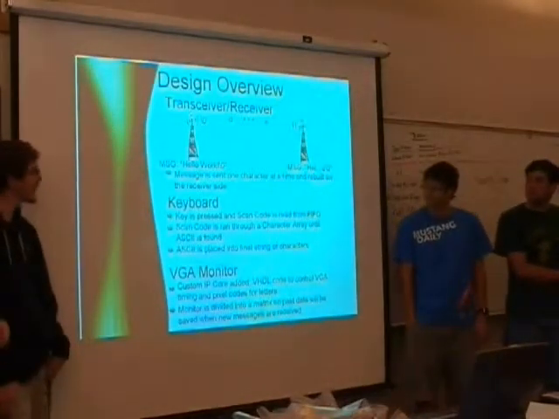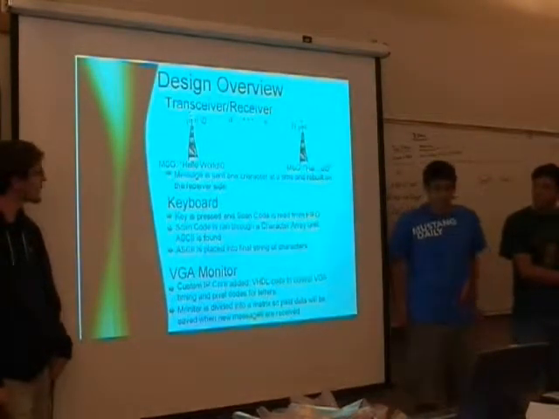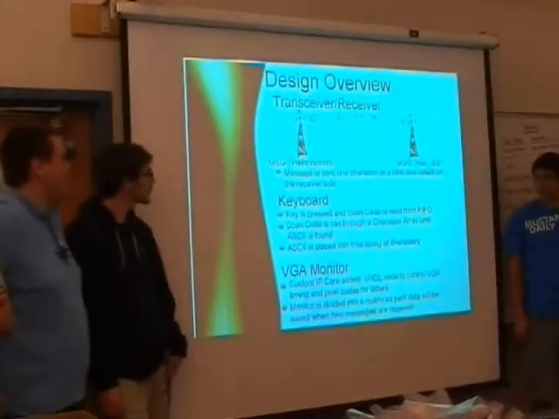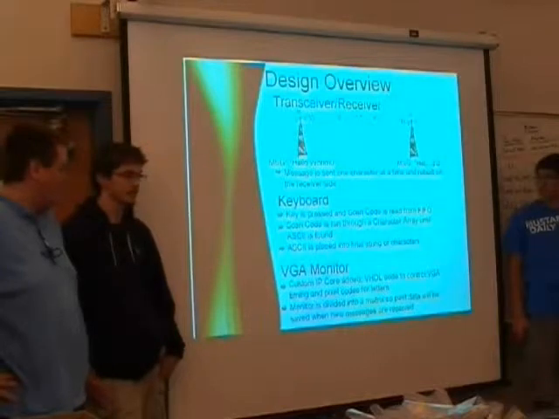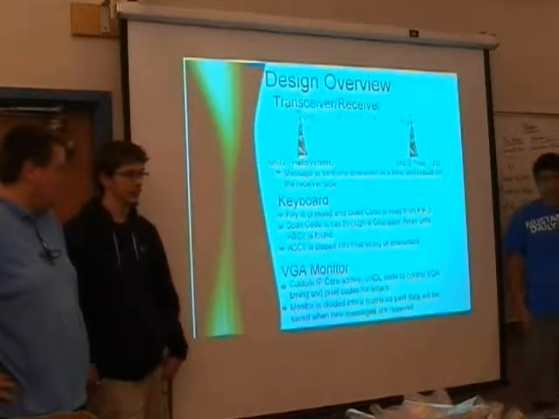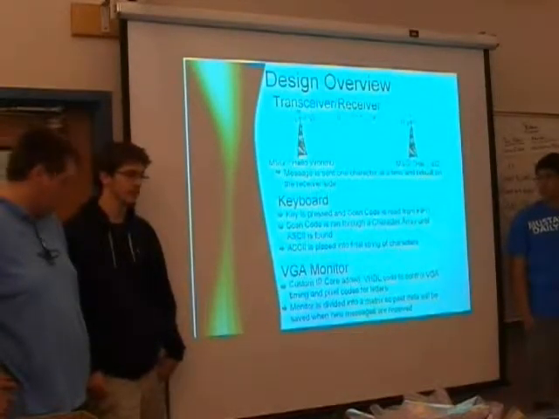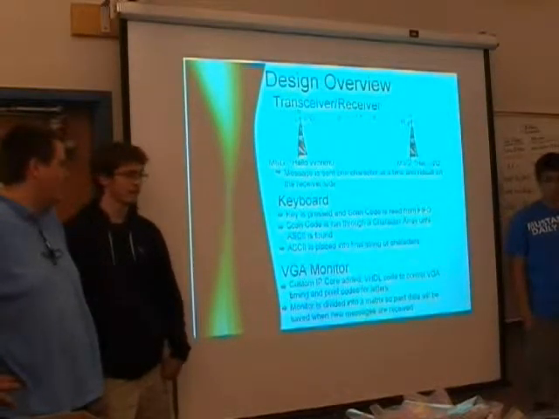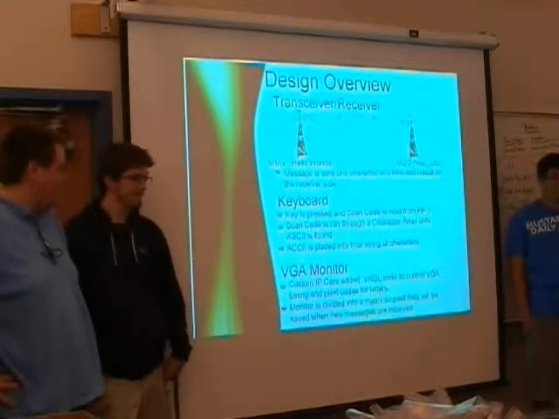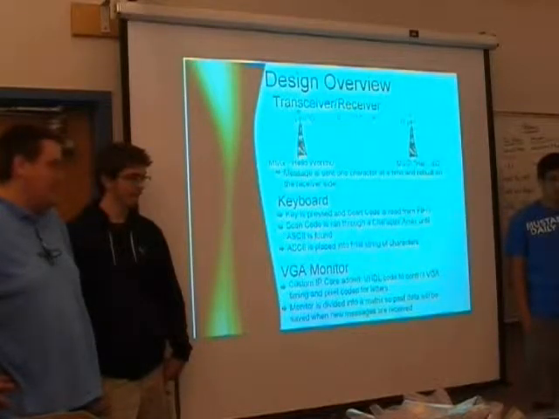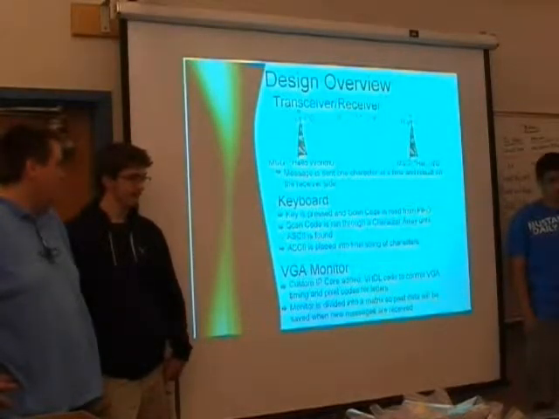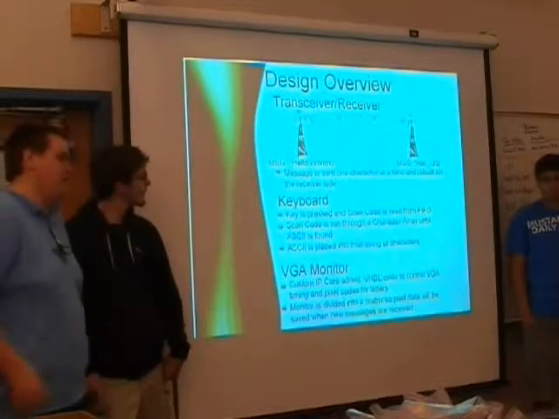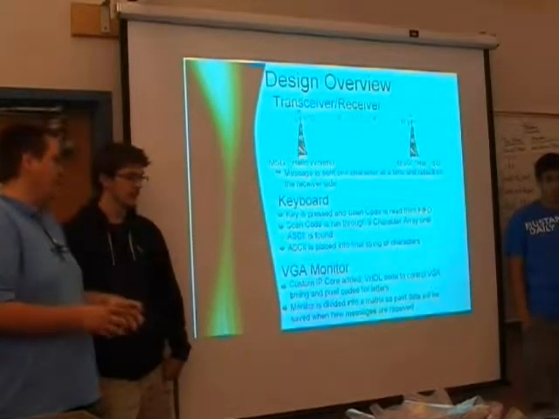Alright, so the transceiver side of it was Michael and I's responsibility to take care of. Basically the transceiver operates around the 2.4 gigahertz range, and the way we've set it up is that there's a pipeline that's 1 gigabyte wide, and we send a command into our transceiver saying we want to send this character.